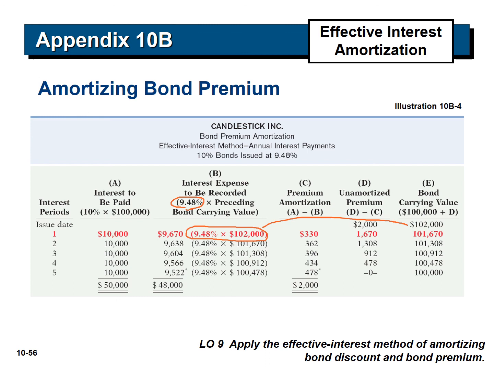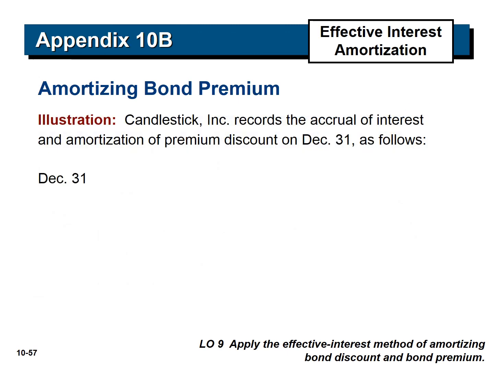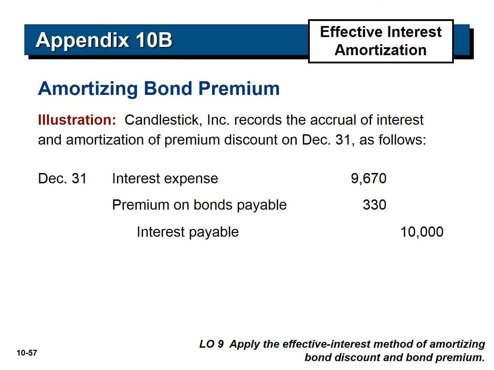Then take the difference between the interest to be paid and the interest expense, which gives you your premium amortization. Then after that, the table is the same. So what does it look like in the journal entry? Very similar, except we debit the premium rather than crediting the discount.